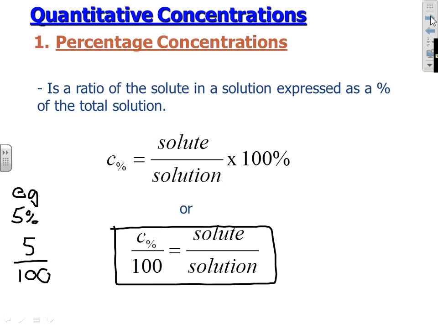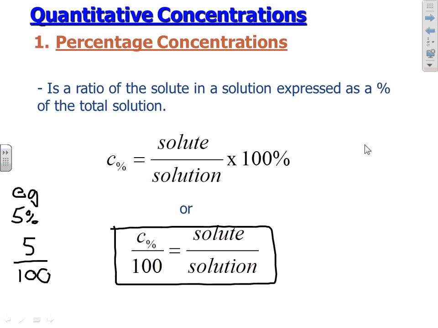What percent means is, if I had 100 milliliters of solution, then I would have 5 milliliters of the solute. So I can put together that ratio. 5 per 100 is equal to the ratio of the solute and the solution. And so that's the way I'm going to teach it this time instead of using conversion factors. Concentration is a simple ratio where the percentage is always out of 100, and then we can calculate the amount for whatever solution we're actually using.